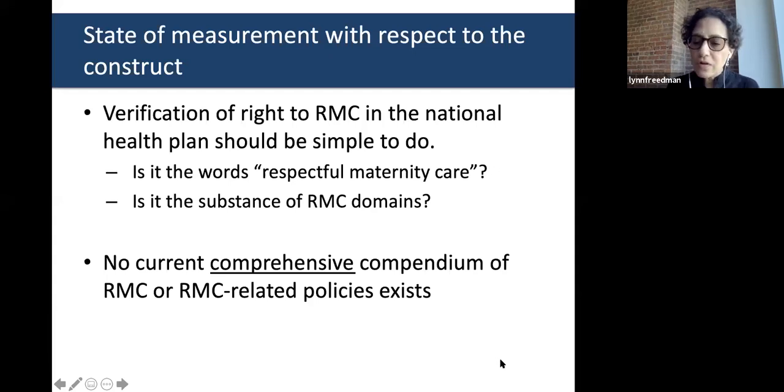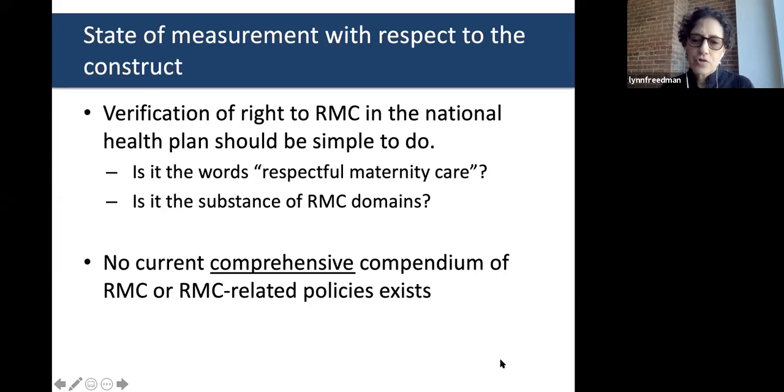The small wrinkle comes with the question whether it's the exact words respectful maternity care that we are trying to verify exist, or are we looking for the substance of RMC domains, or perhaps the substance of mistreatment domains that would then be recognized as a right to avoid those things?